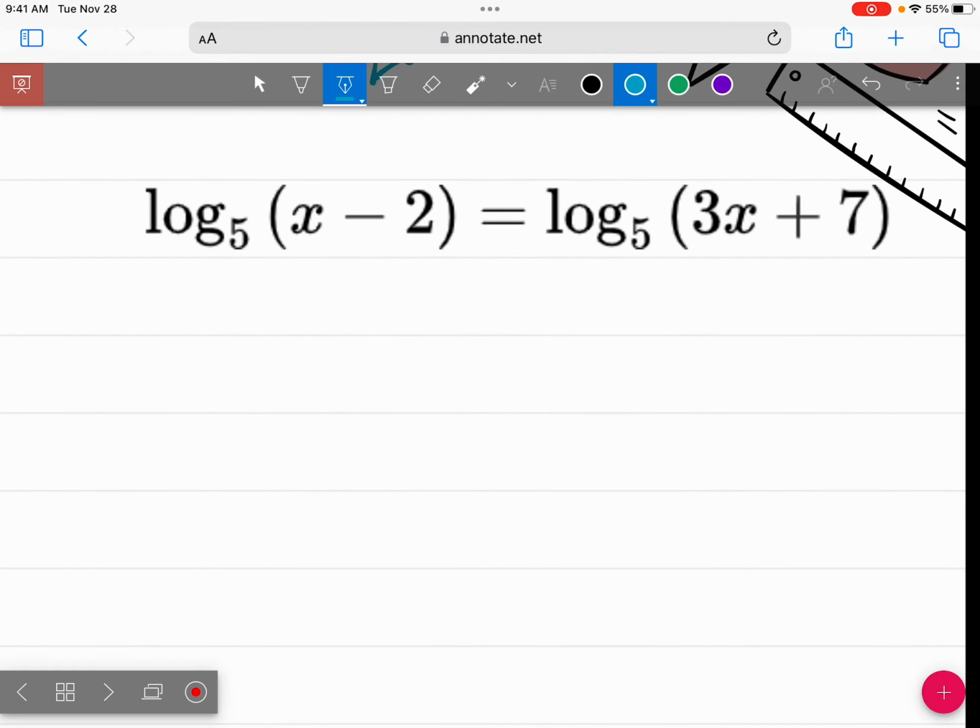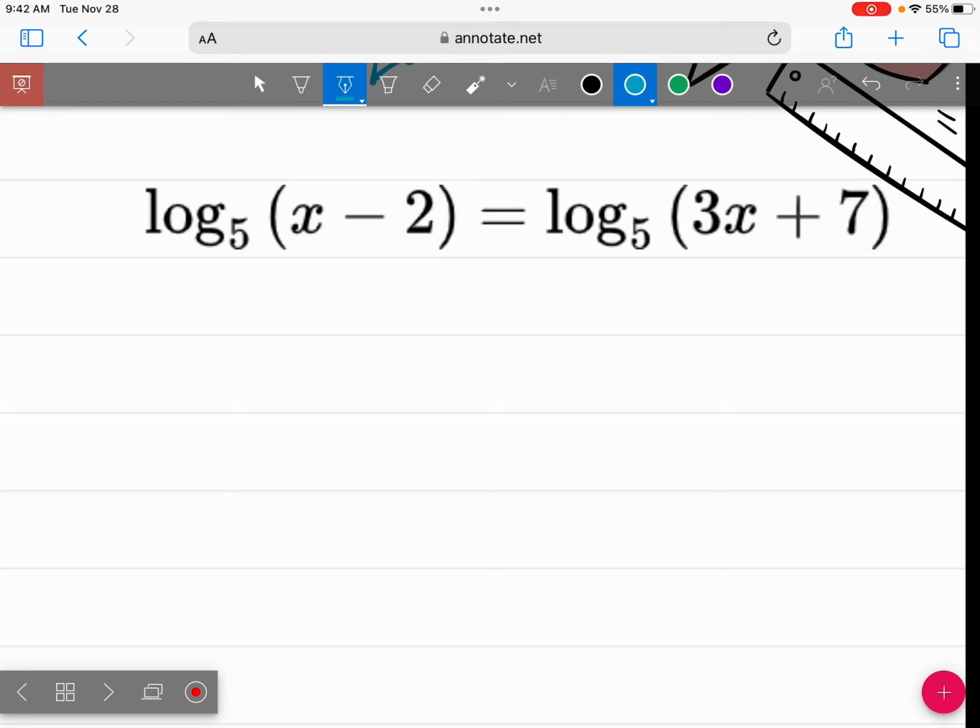Because what can we do here? I understand where you're headed with that. We can't divide by log base 5 because it's an operation. What we can do is realize, hey, my arguments got to equal themselves. If you're looking for an operation to do there, you can raise both sides to the fifth, like 5 to cancel out the bases.